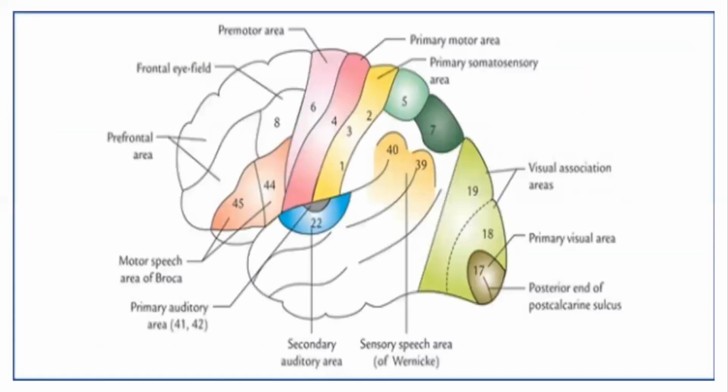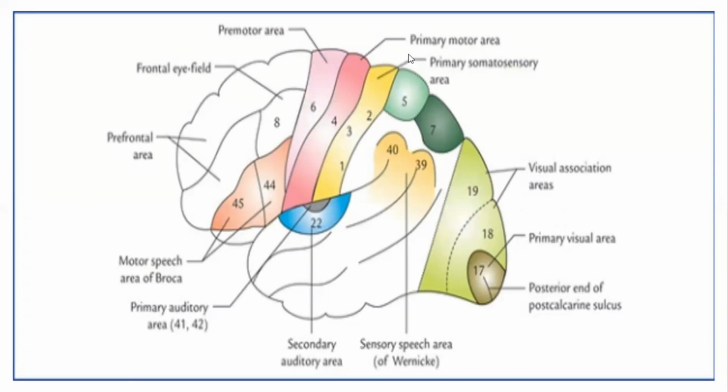Okay, so these are the functional areas of the cerebrum. And this is just from the lateral view. But in the next video, we'll talk about the medial view. So here, this is the frontal eye field, the premotor area. Then we have the primary motor area, this one over here.